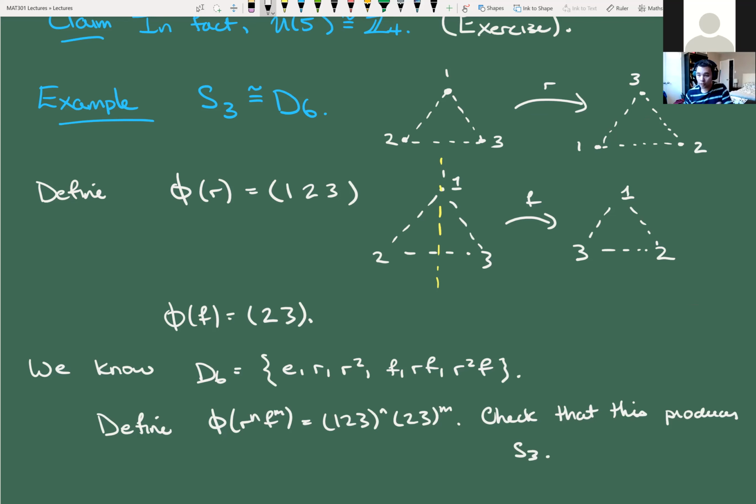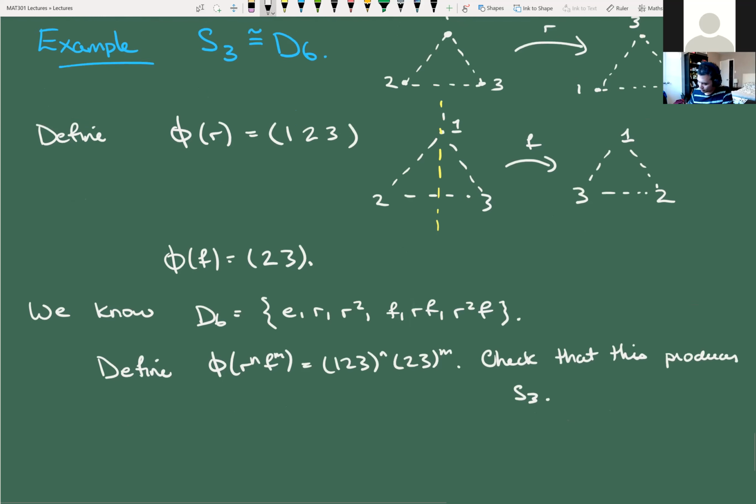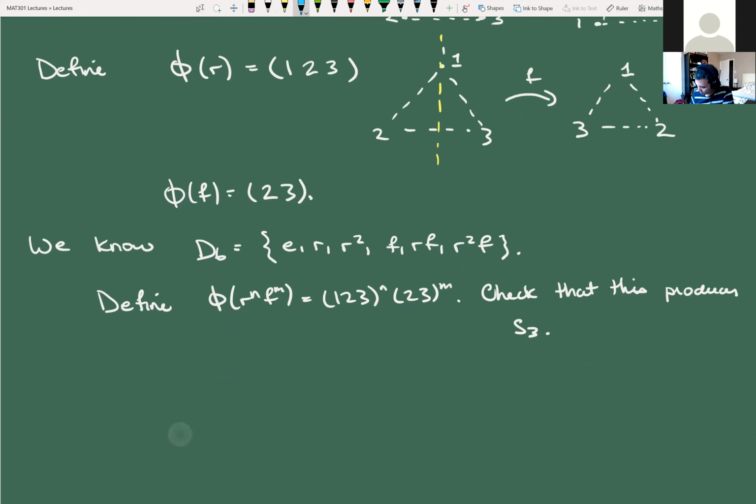Okay. Alternatively, there's actually a much easier proof. Hopefully you believe that the dihedral group always embeds into the symmetric group. So maybe let me make a comment.